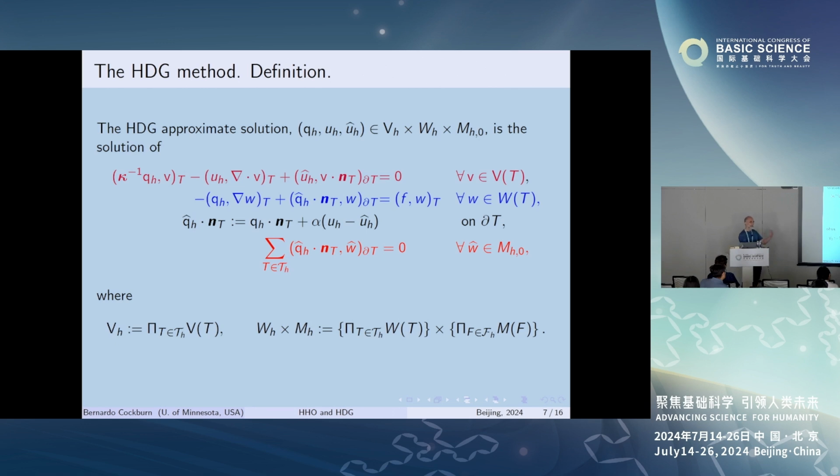So you eliminated Q_h and U_h from the equations, and you have an equation that is much smaller, just for the U hat. So this unknown is called the hybrid unknown, and a scheme like that is called hybridizable.